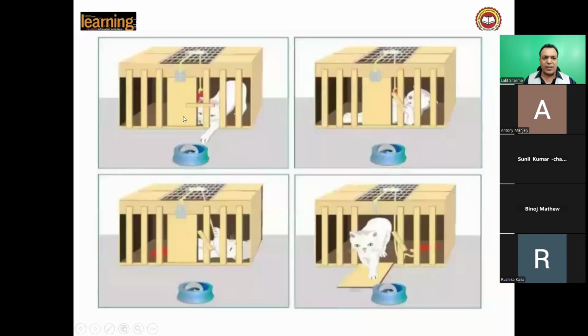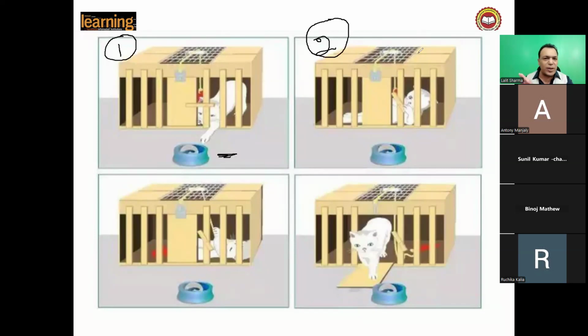Look, this is number one. Look at the cursor. Now you will understand that. This is your picture number 1. Thorndike kept the cat into the cage. So when fish was placed near the cage, then the cat started. This is the second. The cat started hitting the head into the bar and scratching all the things.